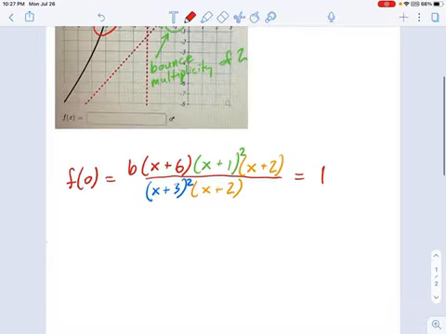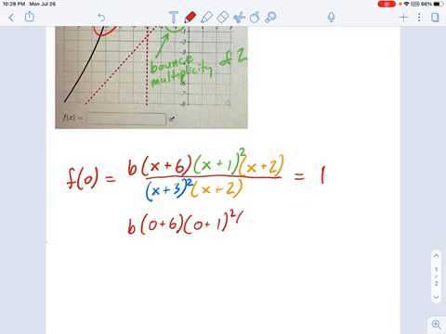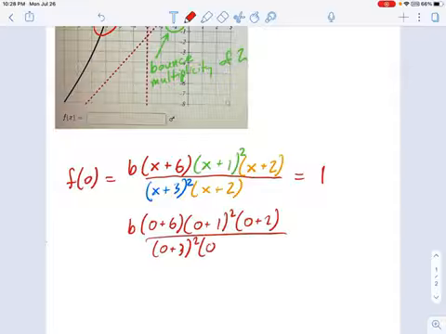Okay. So let's do the calculation. B times, well, 0 plus 6, 0 plus 1 squared, 0 plus 2 all over, 0 plus 3 squared, 0 plus 2, okay, equals 1. Simplify that a bit.